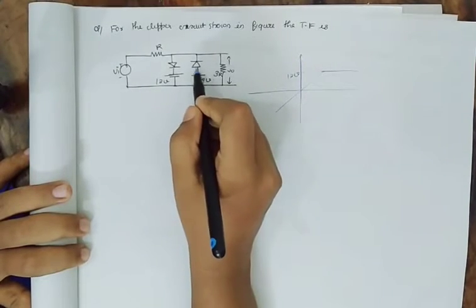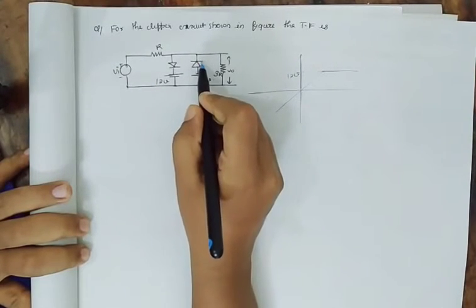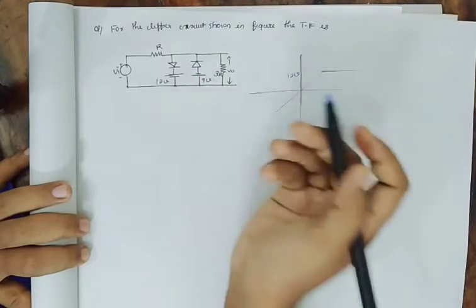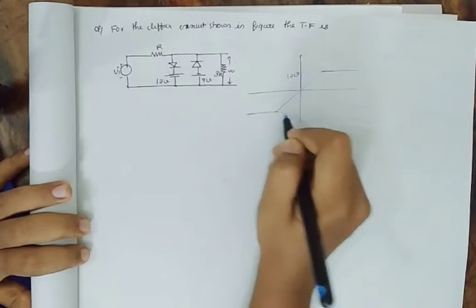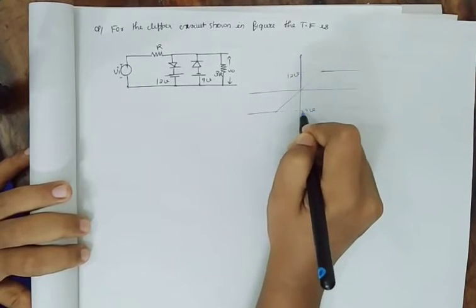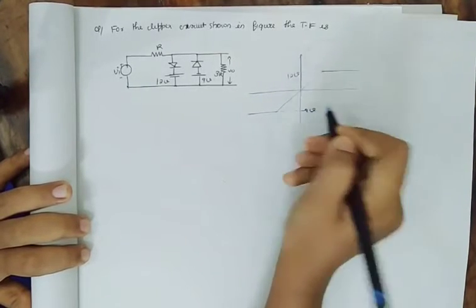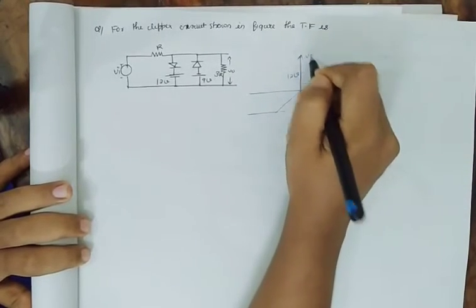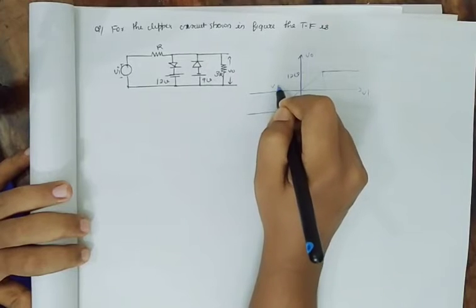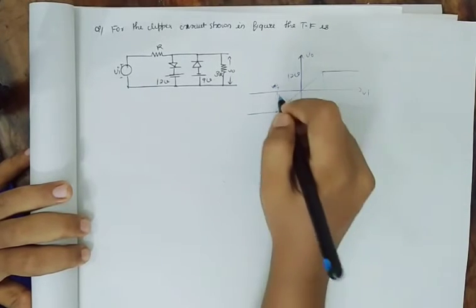And the diode facing like this in the opposite direction means it is a negative clipper. So below -9 will be clipped off. Okay, and we have to see at what VI input voltage this happens.